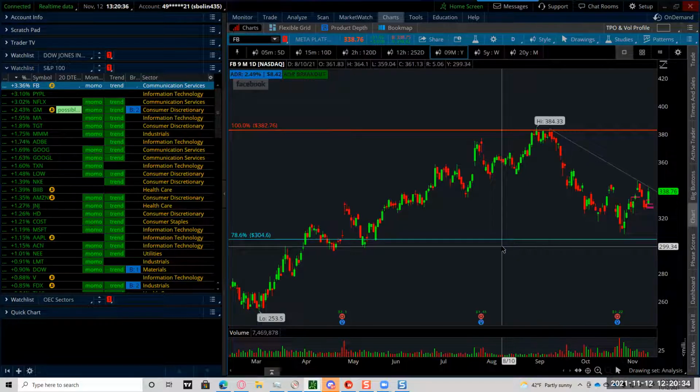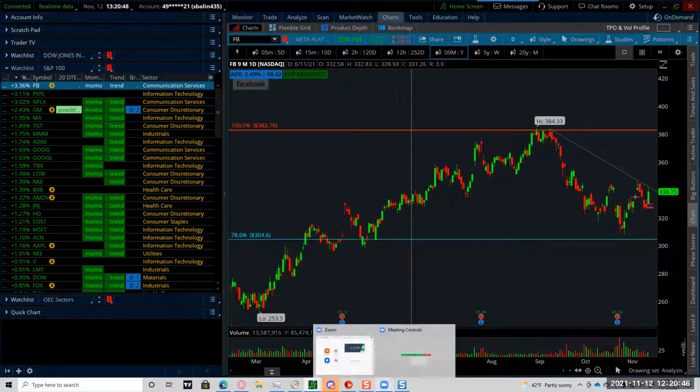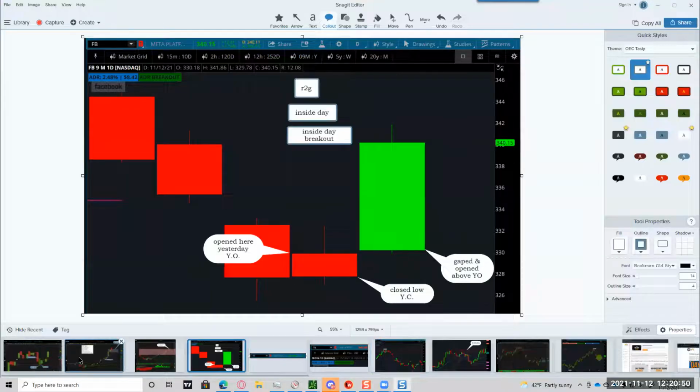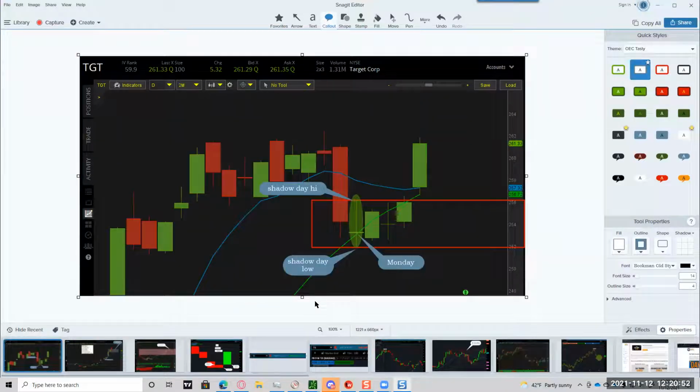R2G, inside day. We could even add things like stacked moving averages, or maybe fanned out or spread out moving averages. I had that picture of Target for a reason. So if we go back to Target here for a moment, on Monday, Target had a pretty wide day, and it was an indecision day, crossing back and forth below that green line.